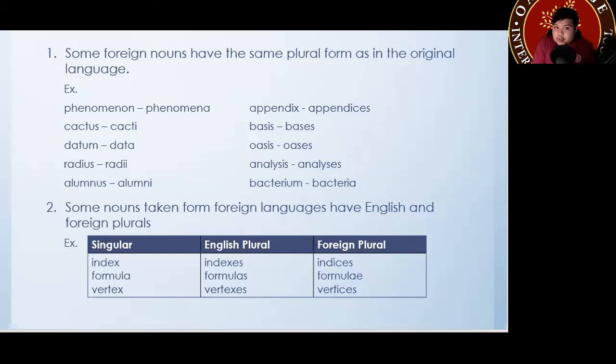Index is a foreign word, but the English plural is indexes, and in the foreign form, it's indices. Both are accepted. Formula, formulas in English, and in foreign, it's formulae. Again, both are accepted. Even vertex: vertices, vertexes. These are all accepted. So those are different rules in forming nouns and making them plural.